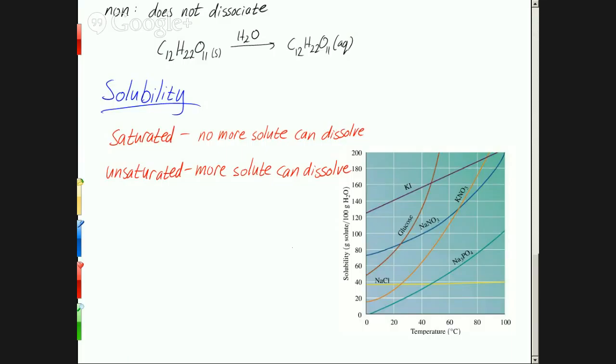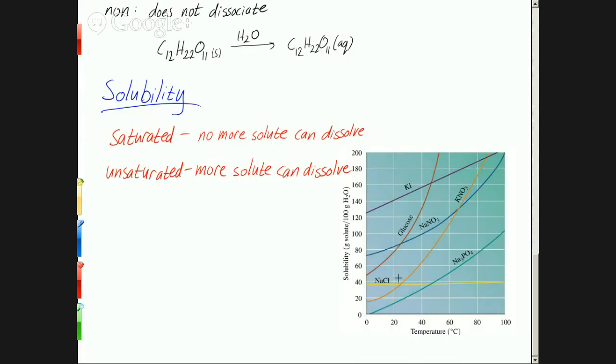I know this is kind of a busy graph. Let's focus first just on this NaCl line, this yellow line right here. At room temperature, so 22 degrees or so, you can dissolve about 38 grams of sodium chloride in 100 grams of water. If you try to dissolve 50, some of it's going to get left on the bottom.